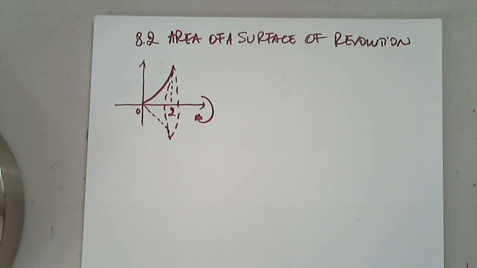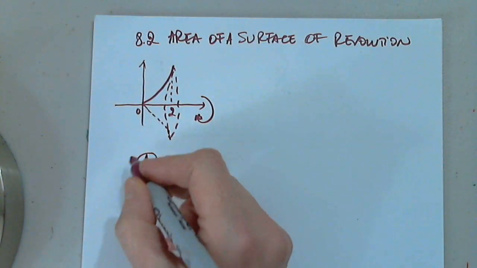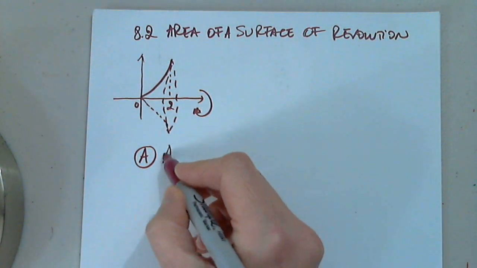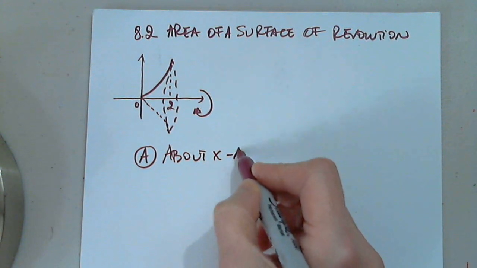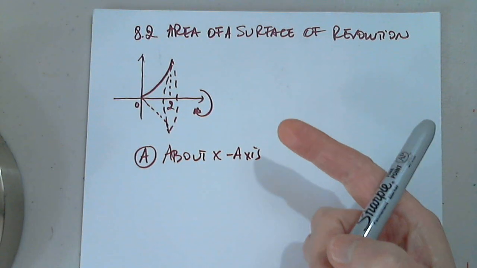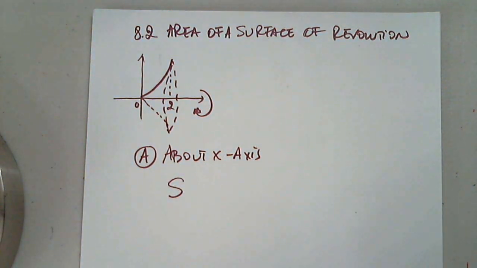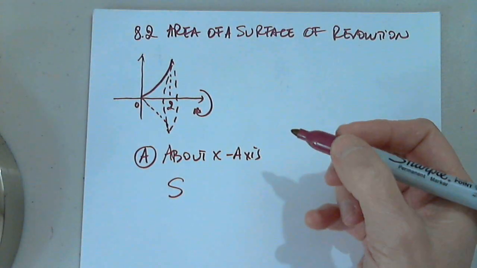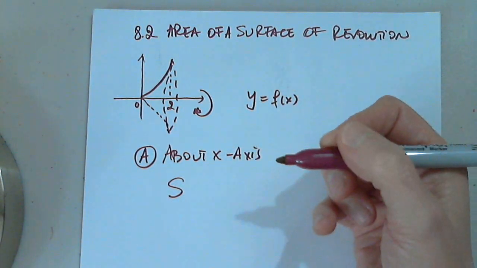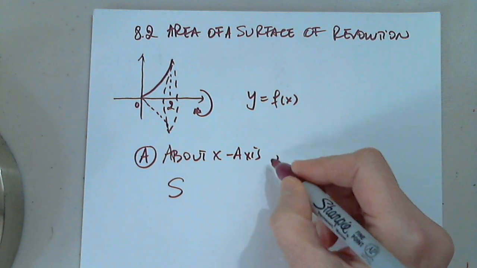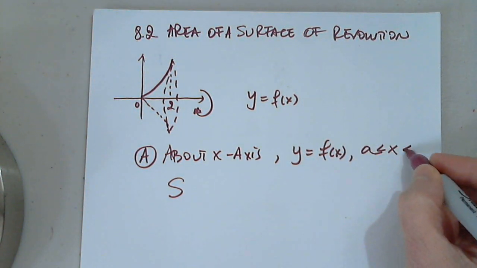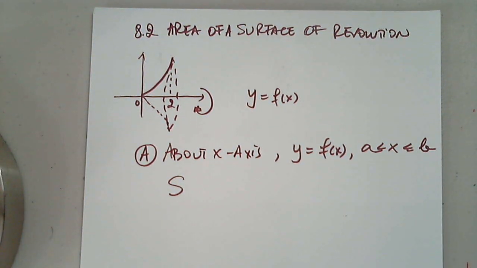So we are going to look at two different situations. Situation A, when we rotate about the x-axis. Of course, we are talking about y equals f of x, and we have an interval between a and b.